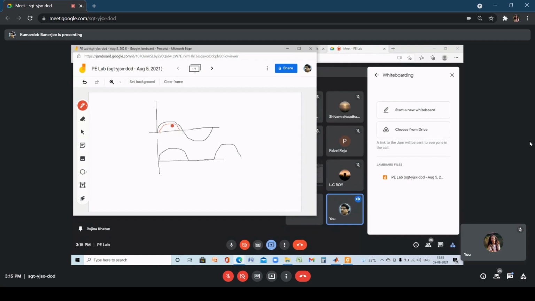Similarly, when this voltage is going down and goes below the value of V gamma, which in this case is roughly around 0.7 volt, then once again the conduction will stop. Clear? So that means if I draw straight lines, which is difficult for me to draw, it's a freehand drawing, then what we find is the conduction period is less than 10 milliseconds.